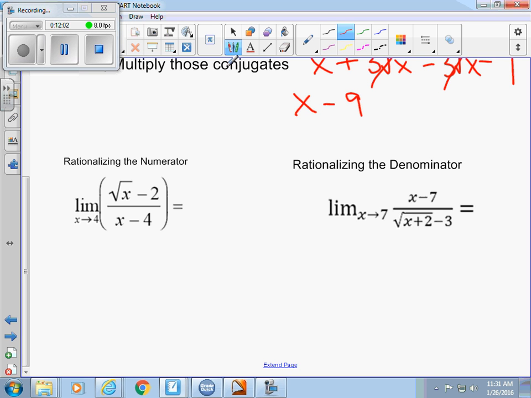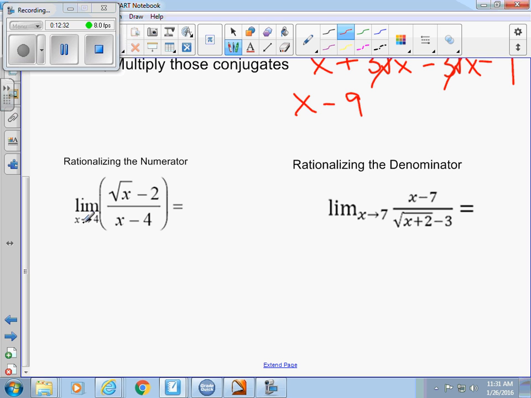Obviously, that's a lost skill because we've got calculators. So why do we still teach you how to rationalize? Because you need to know for this purpose. Calculus teachers make Algebra 2 teachers still teach it because we still need the skill for higher level math, even though you don't need it for computation anymore.